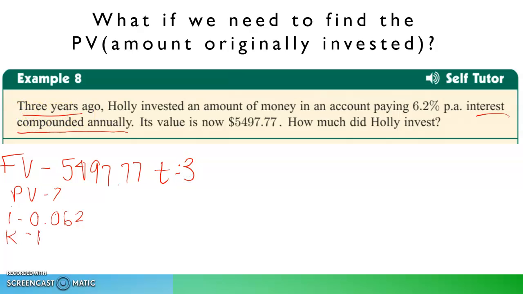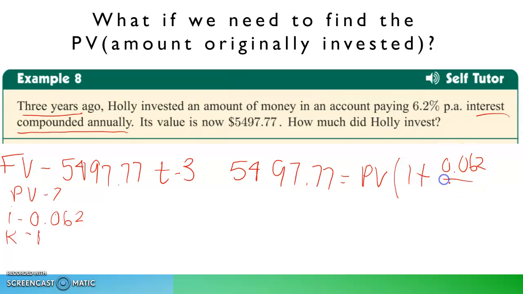All we need to do is substitute these values into the formula. You're going to have to do some rearranging here. It's not too tricky though. So let's say our future value, 5,497.77, is going to be equal to our present value multiplied by 1 plus our interest rate divided by the number of times the interest is compounded per year.